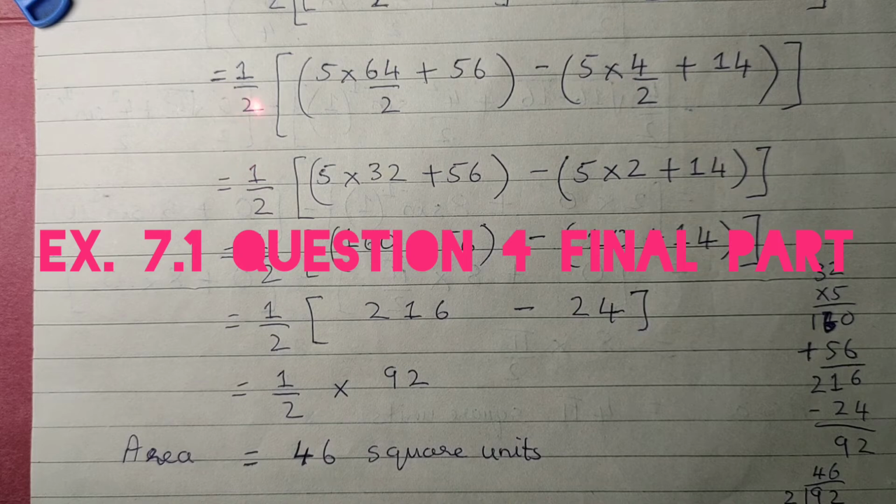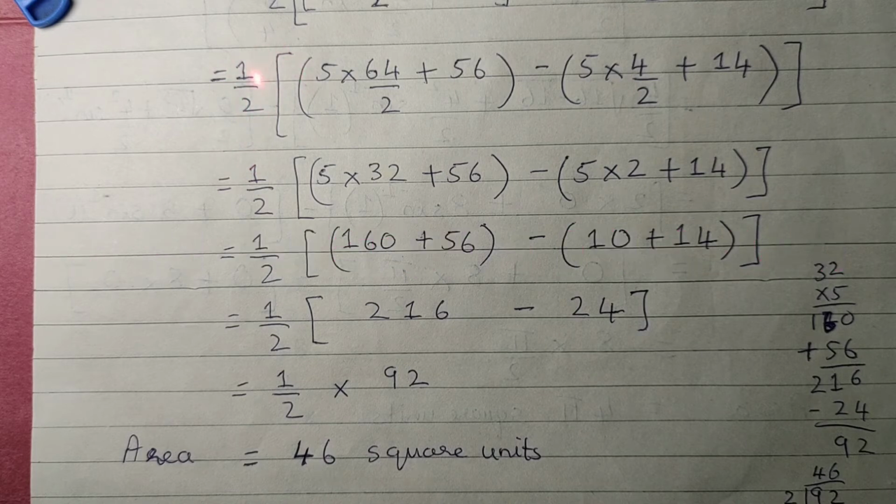So previously we had got 1 divided by 2, square bracket, smaller square bracket, 5 into 64 divided by 2 plus 56. The smaller square bracket is closed, minus 5 into 4 divided by 2 plus 7 2s are 14, close the square bracket and the bigger square bracket.